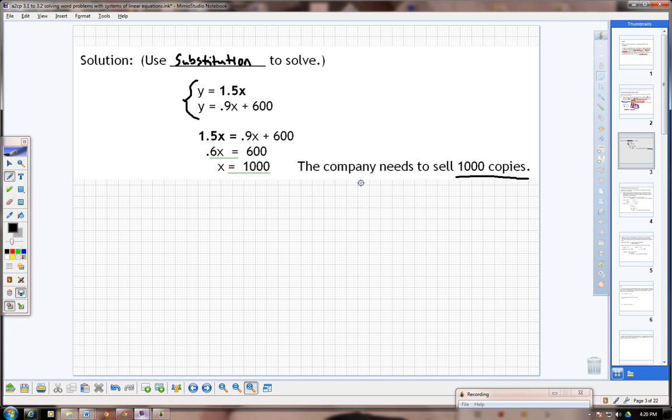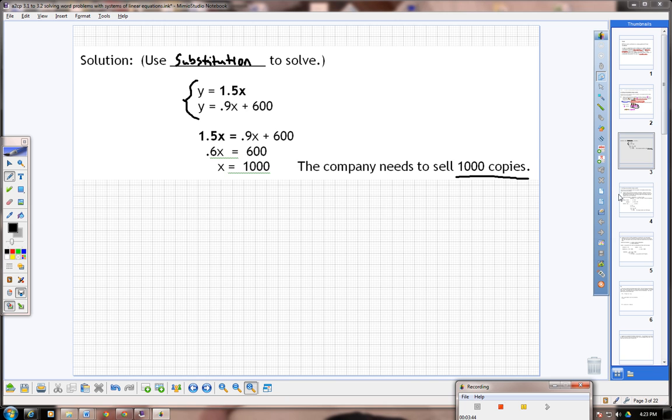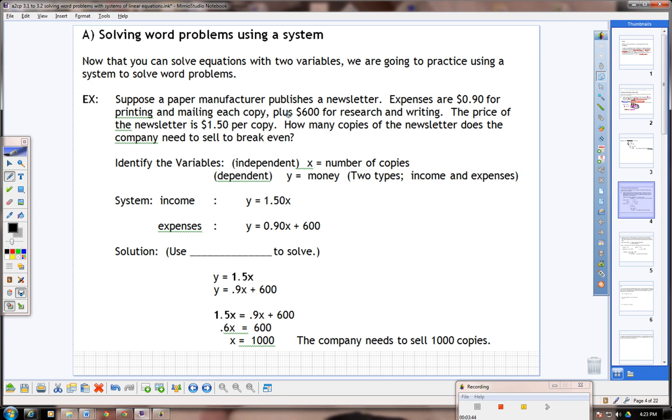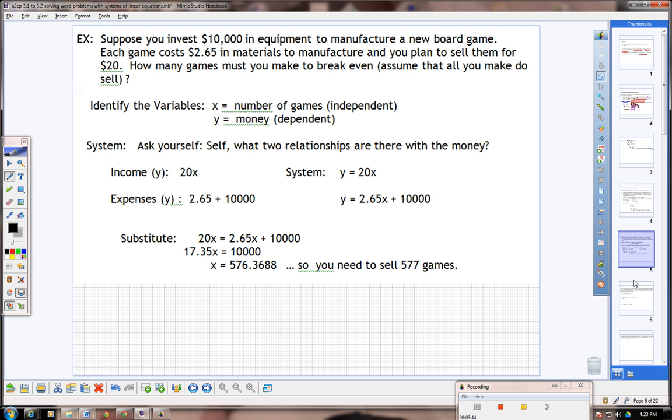So after 1,000 copies, I want you to ask yourself, well, what's happening after 1,000 copies? Well, they'll be making money beyond that. So they need to sell at least 1,000 copies to make money.